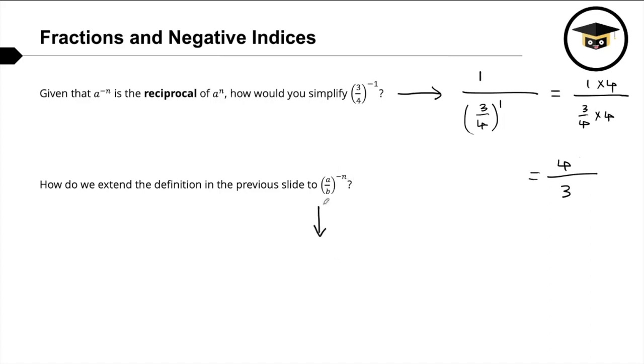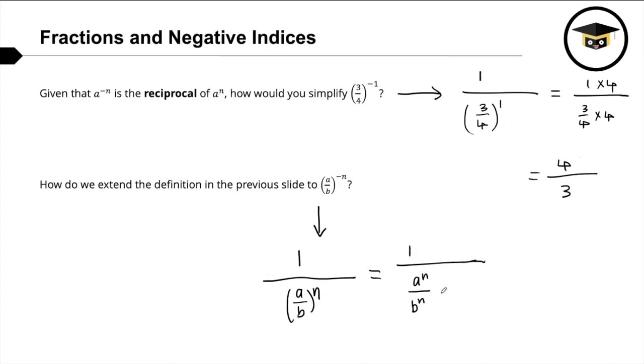Well, a over b to the power of negative n is just 1 over a over b to the power of positive n. And we know from our previous video that a over b to the power of n is the same as a to the n over b to the n. Now, let's simplify this, right?